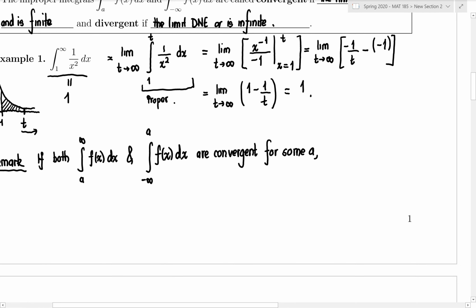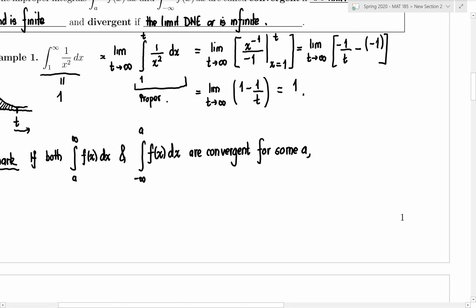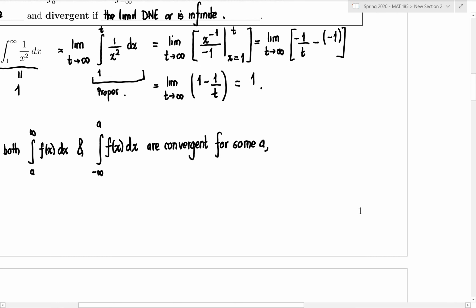So if we can find a number a such that from a to infinity and negative infinity to a our integral is convergent, then so is the integral from negative infinity to infinity of f of x dx.